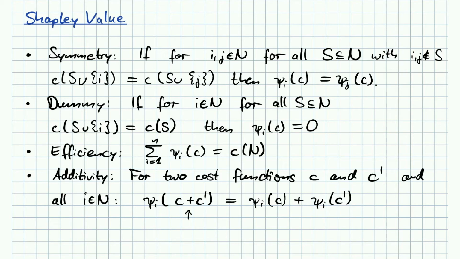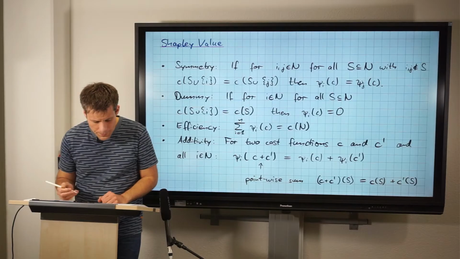And so here this is the pointwise sum, meaning that c plus c prime of s is nothing but c of s plus c prime of s.